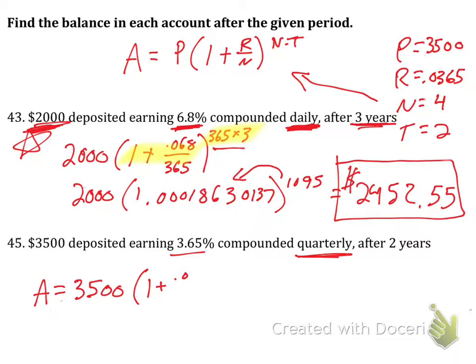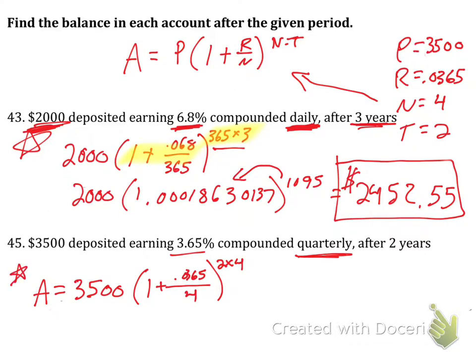So that'd be 0.0365, and then I'm going to put that over n, which would be 4. I'm going to raise that to the n times t, which would be 2 times 4. So I would probably suggest that you just plug this one right in your calculator, but make sure that you show this work right here.